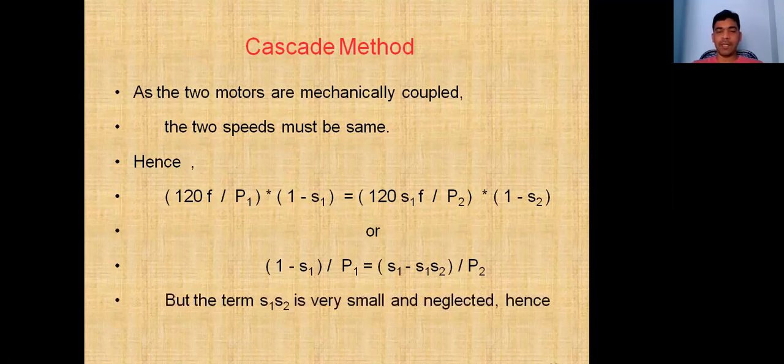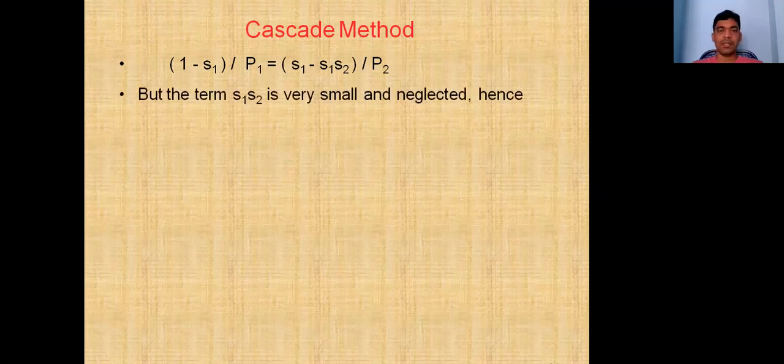But the terms S1 and S2 are very small, and the product S1 S2 is neglected. Hence, (1 minus S1) by P1 is equal to S1 by P2.